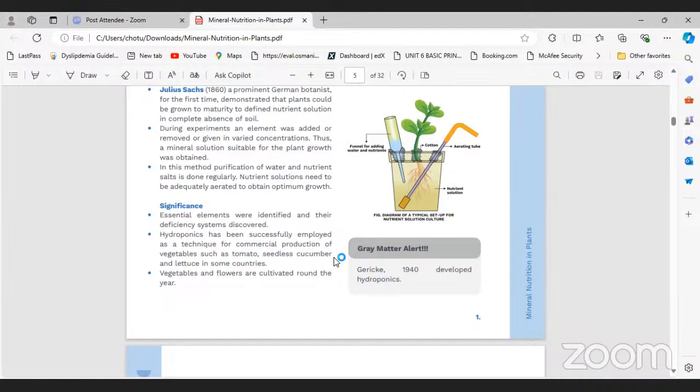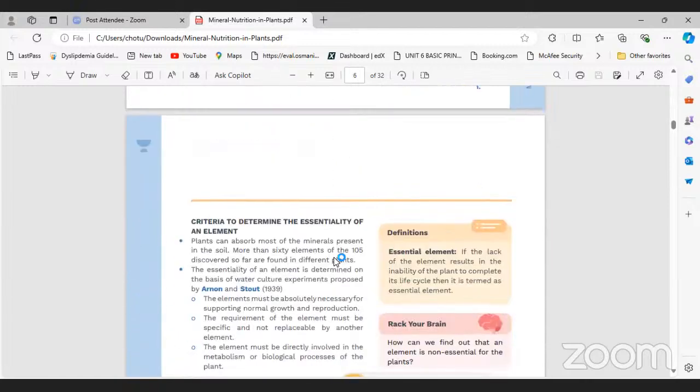Hydroponics has been successfully employed as a technique for commercial production of vegetables such as tomatoes, seedless cucumber, and lettuce leaves in some countries. Vegetables and flowers can be cultivated around the year.